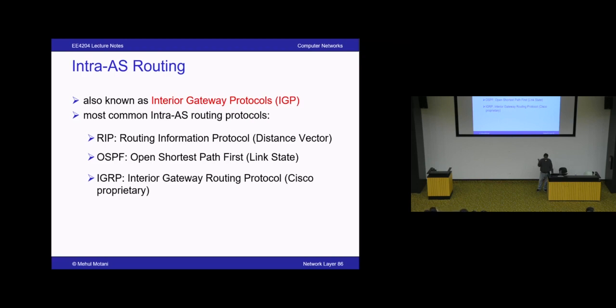The distance vector that's used within an autonomous system is called RIP, Routing Information Protocol. The link state is called Open Shortest Path First. And in addition to that, people can come up with their own proprietary algorithms. So on some parts of the core internet, there are proprietary Cisco protocols running.